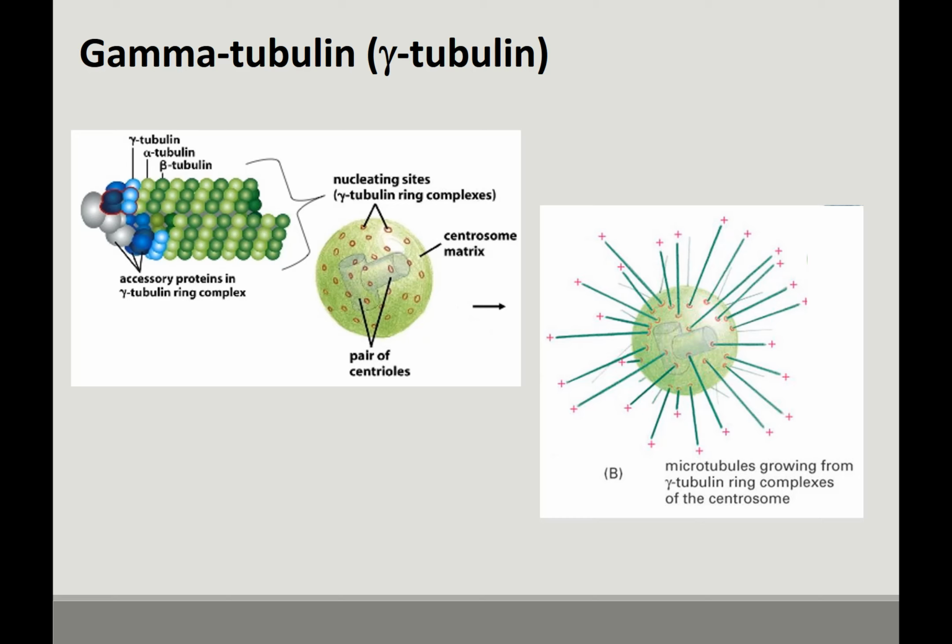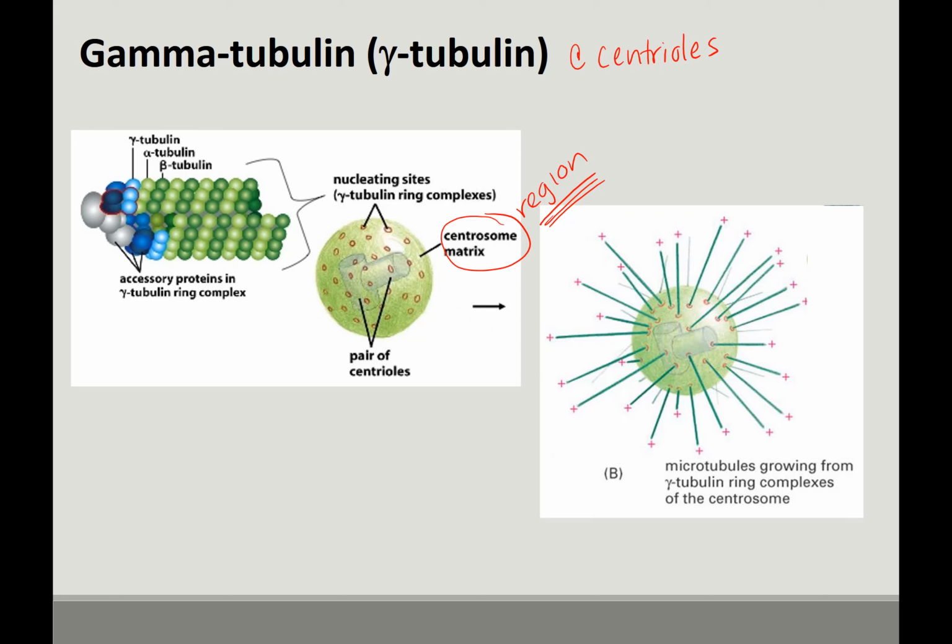There's one more type of tubulin in the cell, and that's called gamma tubulin, and that is found at the centrioles. Okay, so let's make sure we understand what a centrosome and a centriole are. So the centrosome is really a region.